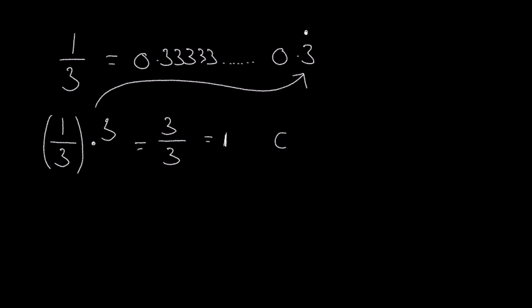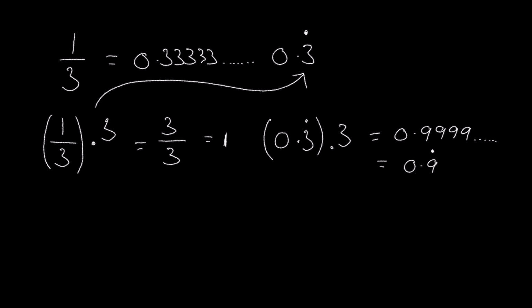Then you end up with 0.3 repeating, multiplied by 3. But that isn't equal to 1. That is equal to 0.9999 all the way to infinity. Or we can write that as 0.9 with the wee dot above it, and that just shows that all those 9's just repeat all the way to infinity, and don't stop.